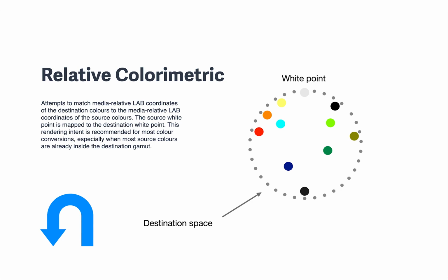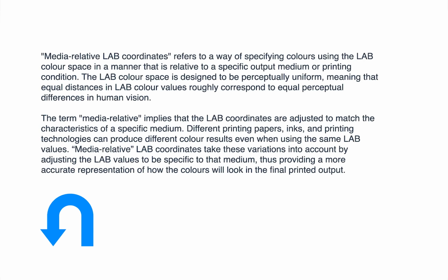Relative colorimetric preserves more of the original colors in an image than perceptual. And this rendering intent is the default in Photoshop and is recommended for most color conversions, especially when most source colors are already inside the destination gamut.